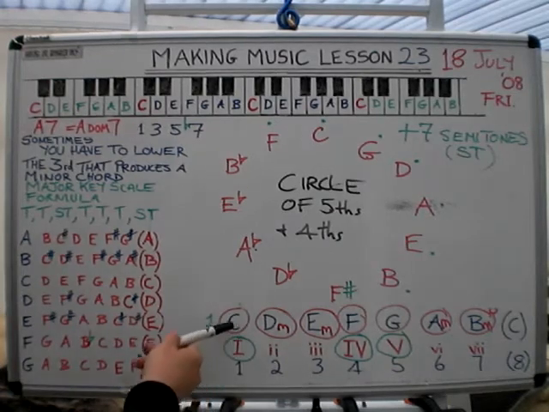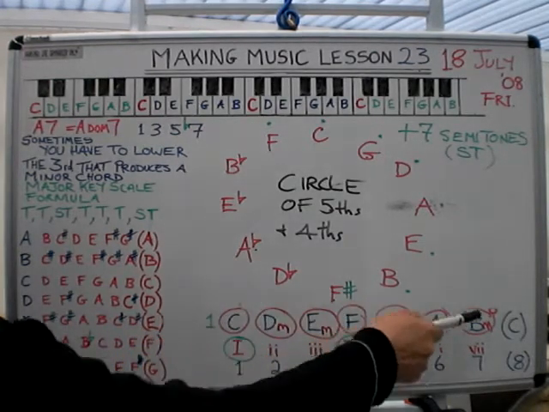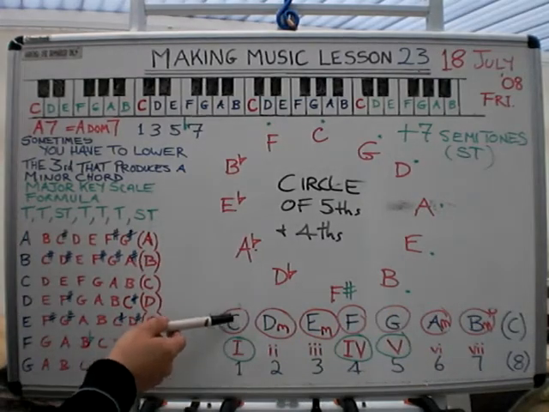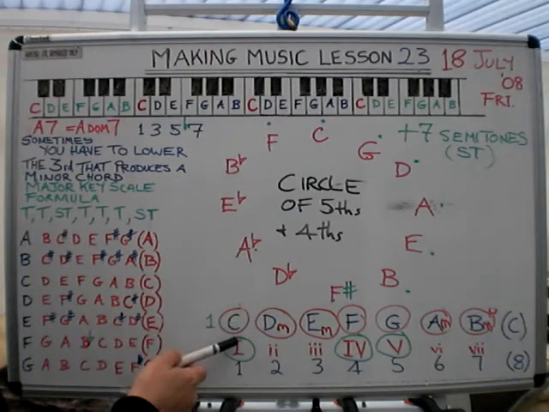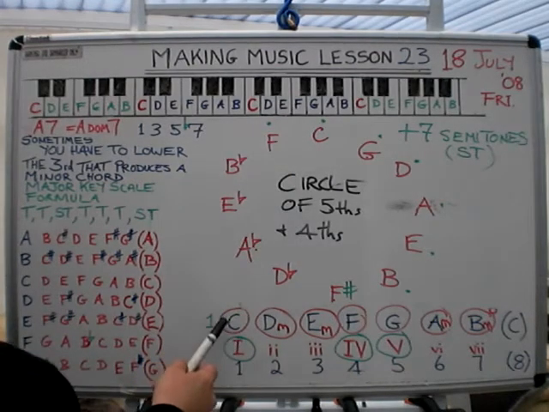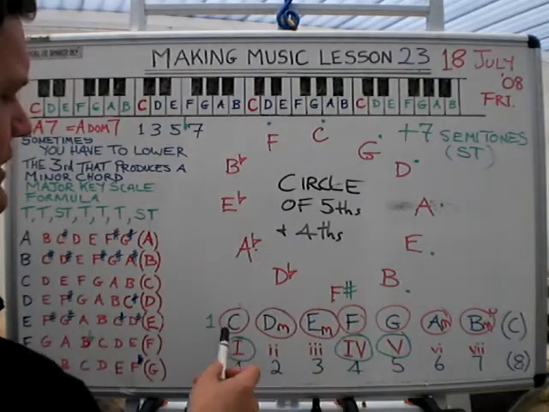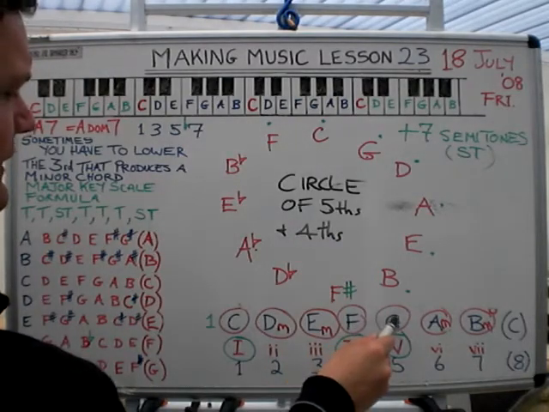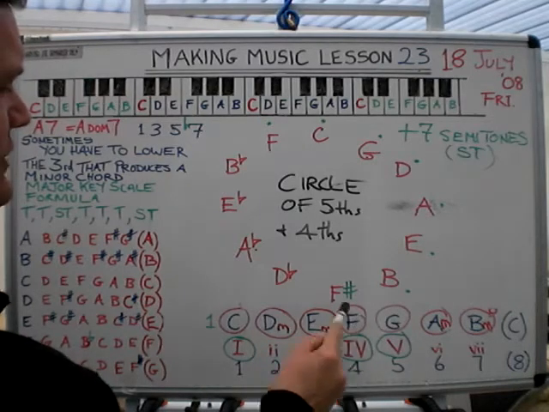Okay, well, in this scale of C, the first one here, let's look up here, there's a C. Now the ones we're interested in when we're playing strumming chords is the 1, 4 and 5. So let's go to the fifth position.